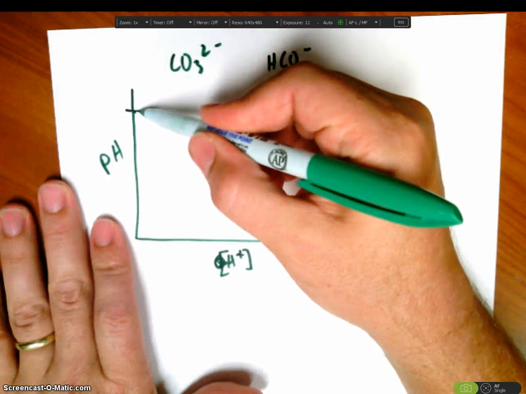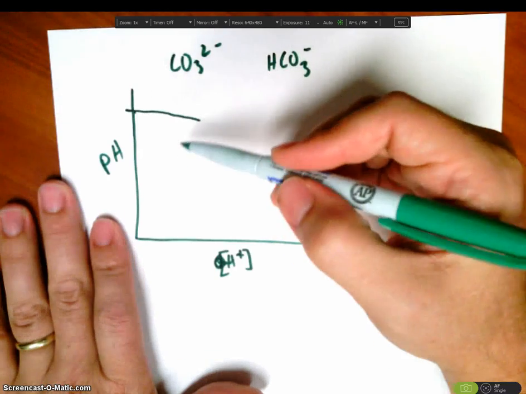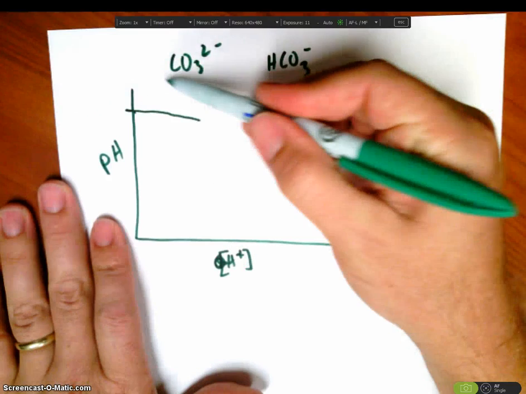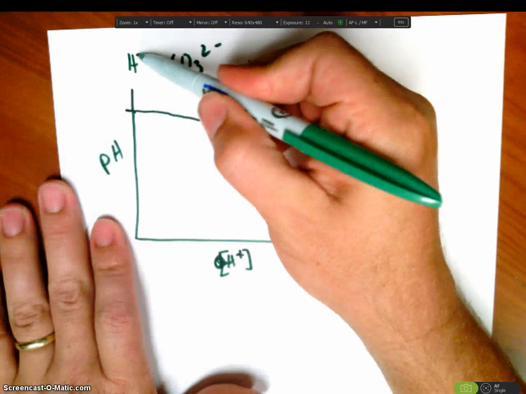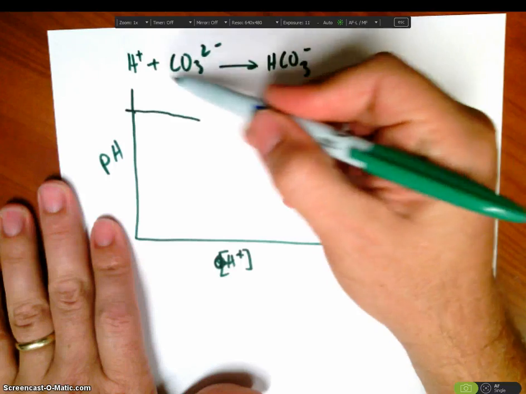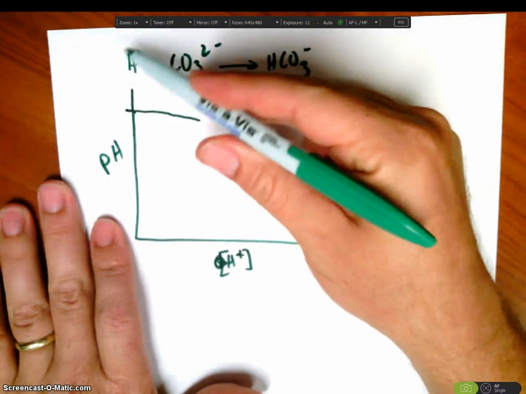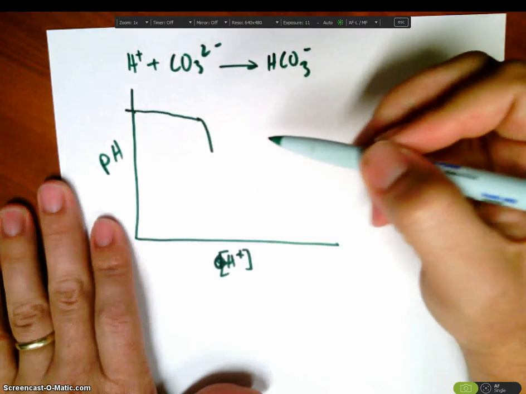And the pH will not change drastically. It'll go down a little bit until the concentration of hydrogen ion equals the carbonate, so that all the carbonates have been converted to bicarbonate. So we have H plus combining with the carbonate to form the bicarbonate. As soon as all of these have a proton, the excess H plus ions will begin to accumulate, and that'll change the pH, and so you get a drop.